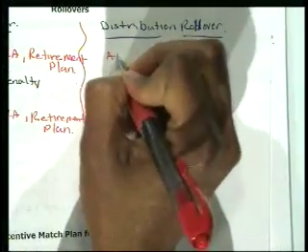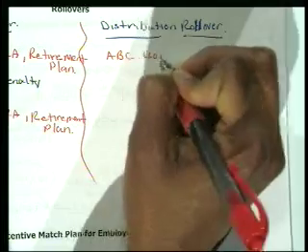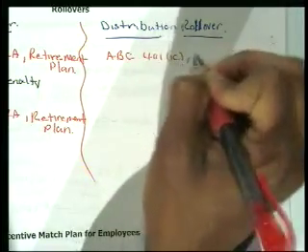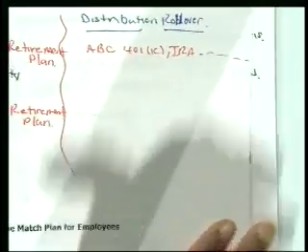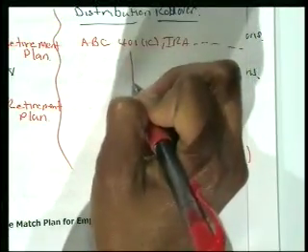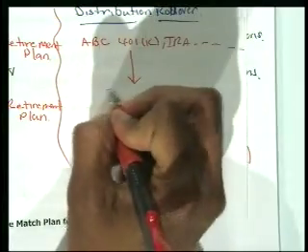Okay? So now we want to look at a distribution rollover. In this case, I have my money in ABC 401k, IRA, or whatever the case may be. Then I have them distributed to me.